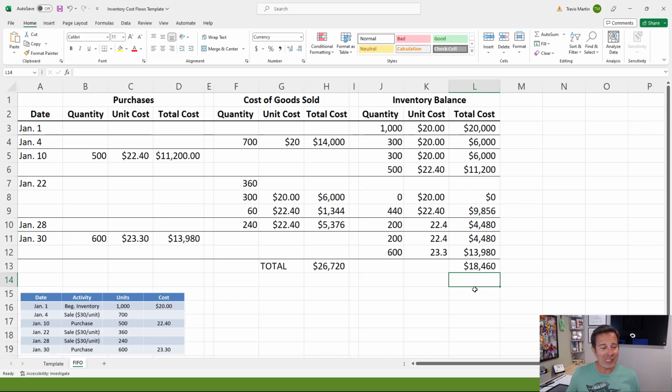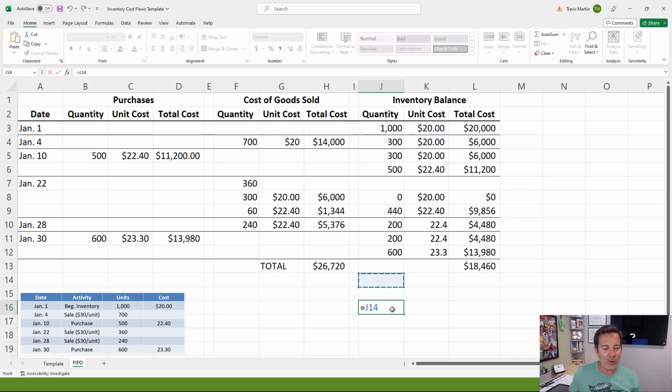Now, I mentioned earlier in the lecture that total inventory cost, what we paid for it, is allocated to cost of goods sold, stuff that left, and ending inventory, stuff that is still on the shelf. And so we see we got cost of goods sold, we see we got inventory balance.